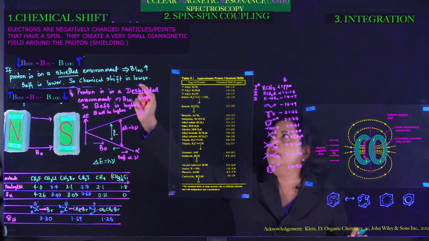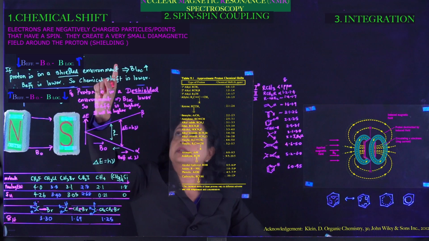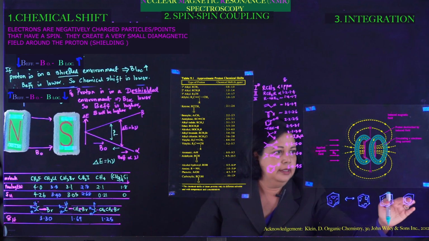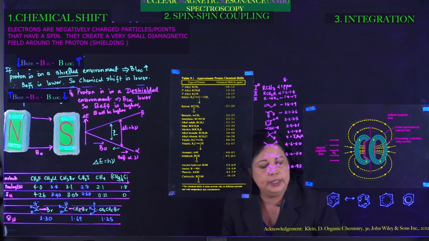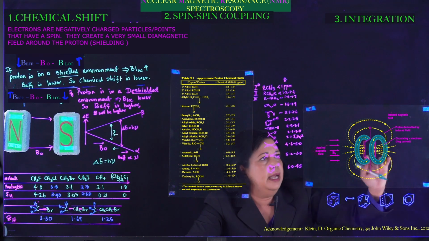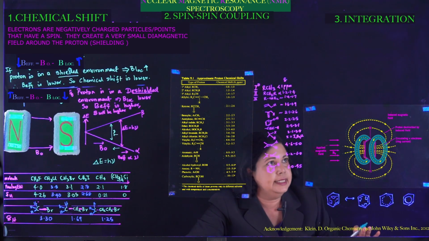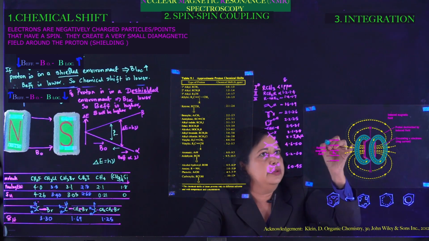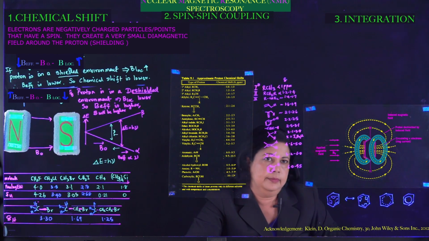Electrons, as we said before, are negatively charged particles. They have a spin. And in a magnetic field, they create their own magnetic field. It's called a diamagnetic field. And this diamagnetic field that the benzene creates is going to be in the direction of the applied magnetic field.